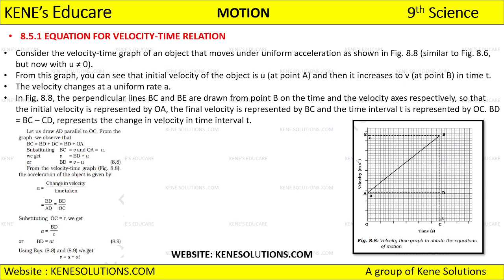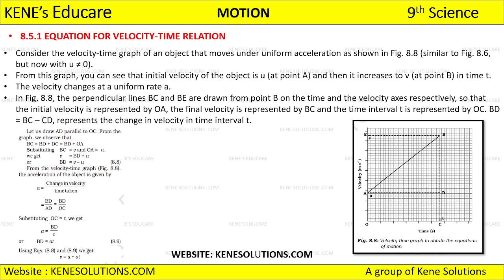So in figure 8.8, perpendicular lines BC and BE have been drawn from point B on the time and velocity axes respectively, so that the initial velocity is represented by OA. Can you see OA in the graph?